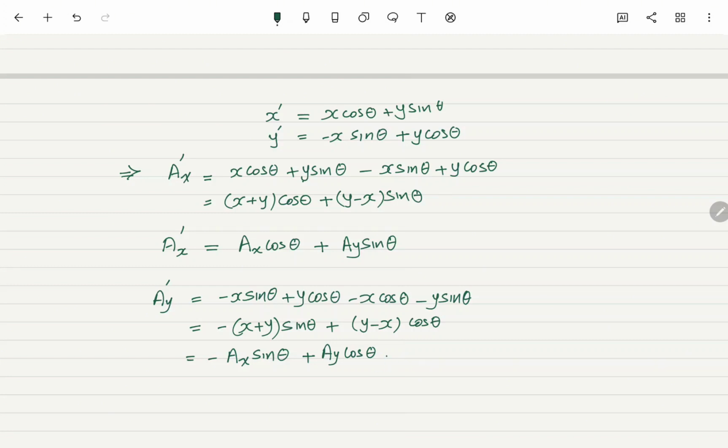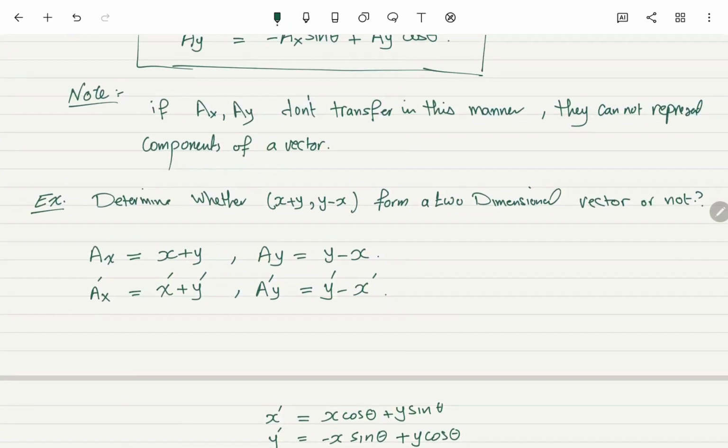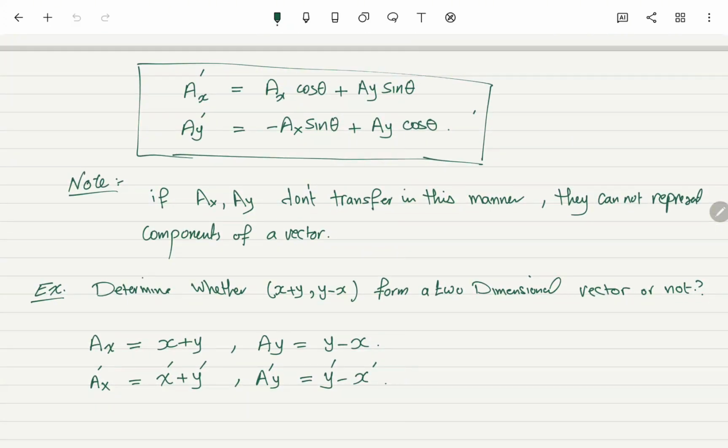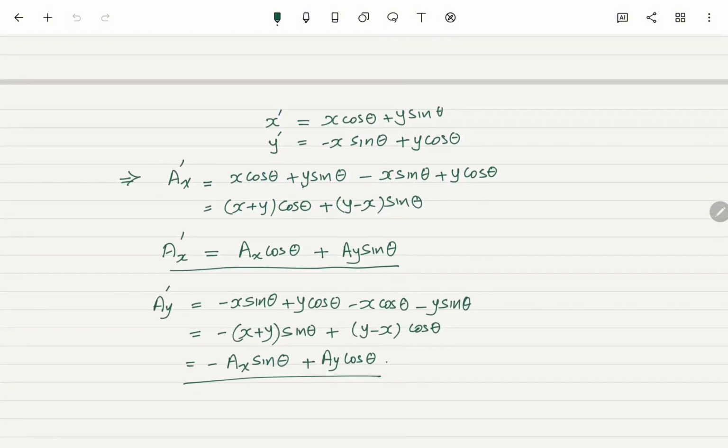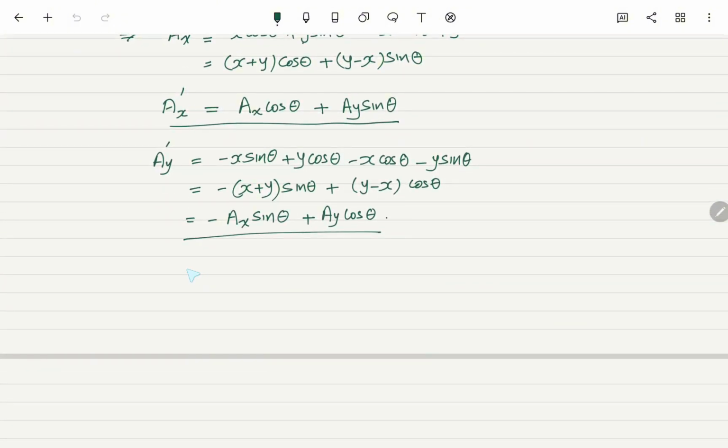As we can see here, upon transforming here, the new coordinates ax prime and ay prime follow the same rule as this one right here, which means x plus y and y minus x are components of a two-dimensional vector.